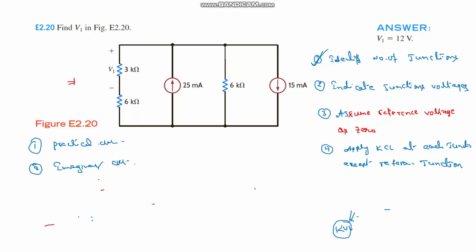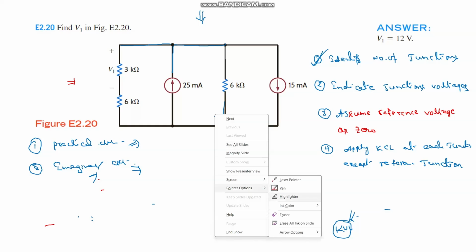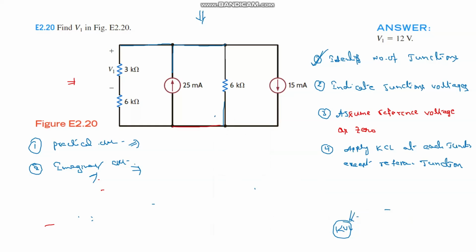Both are the same, but the circuit connections made while doing an experiment are called practical circuits. The circuits we draw on paper are called imaginary circuits. Here it is an imaginary circuit because all the lines are drawn as straight lines.